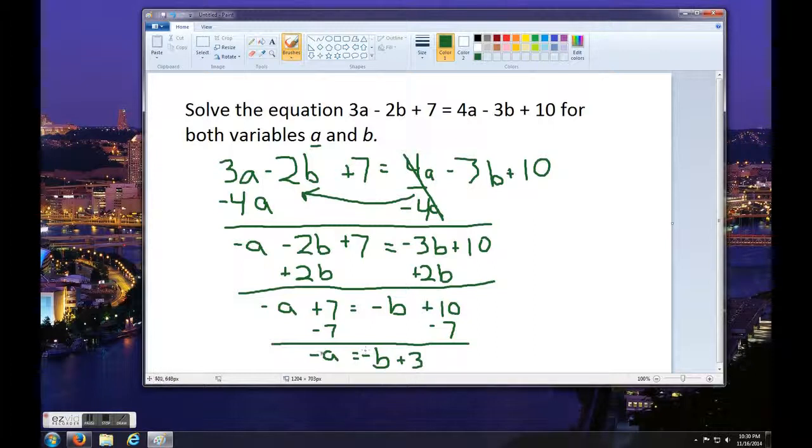Now you're saying, Mr. Wagner, that's a negative a. I'm supposed to find a. That's true. So what we can do here is multiply both sides by negative 1, because a negative times a negative gives us a positive.